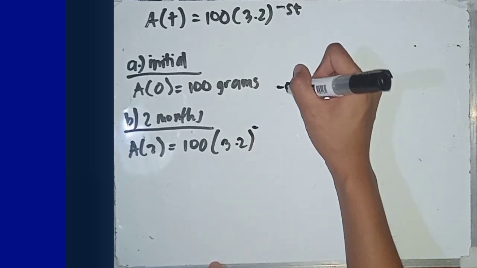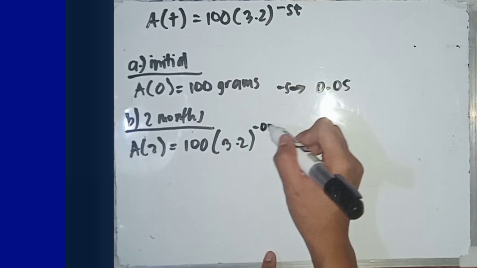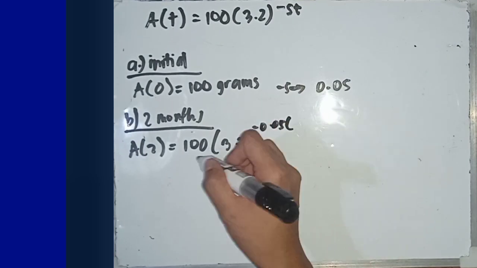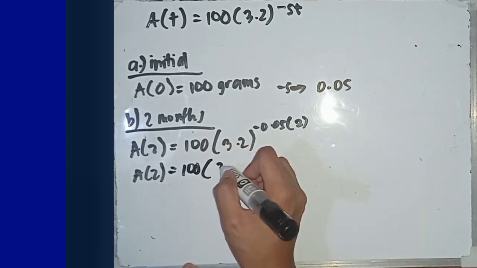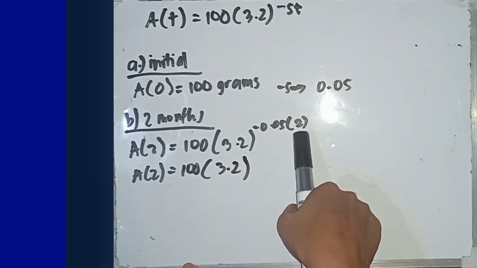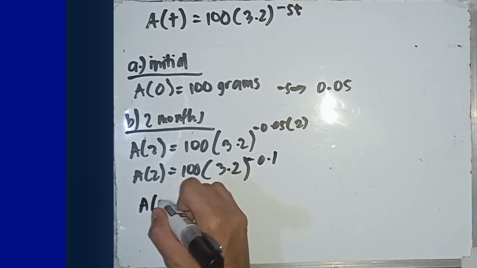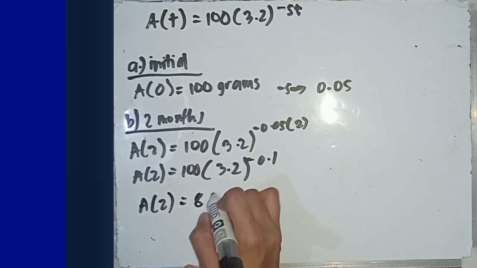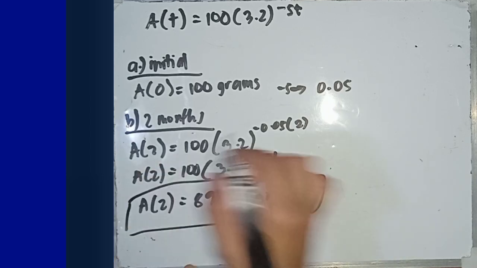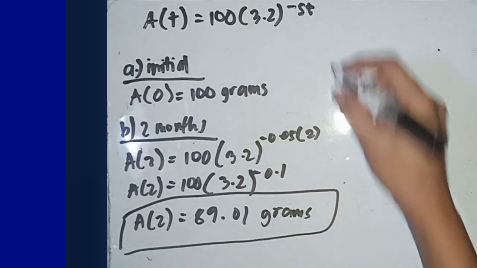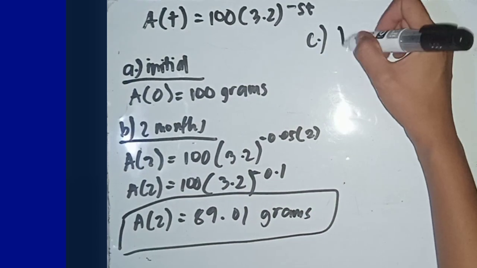So A of 2 is equal to 100 times 3.2 raised to the power of negative 0.05 times 2. That would be negative 0.1. So A of 2 is equal to 89.01 grams.